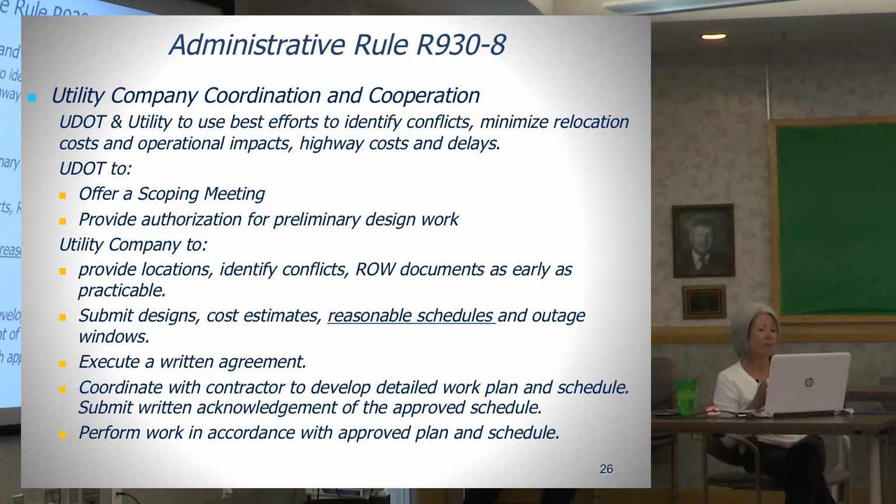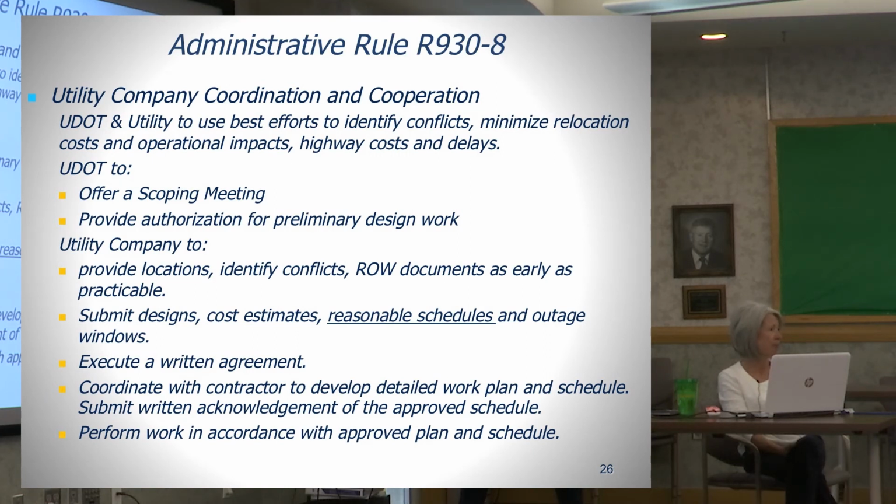So I underlined reasonable schedules. The rule requires a reasonable schedule from a utility company to include the work sequencing, the task durations, material ordering and procurement, notification requirements to the utility companies and the contractors, mobilization, third-party coordination, communication between the parties, and any other activities that are necessary for the relocation.